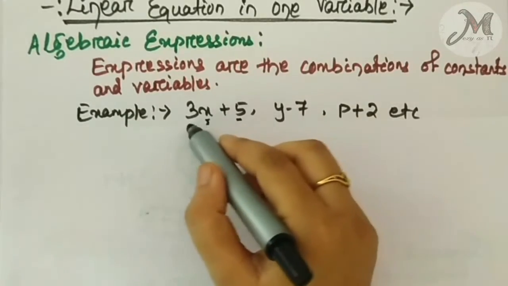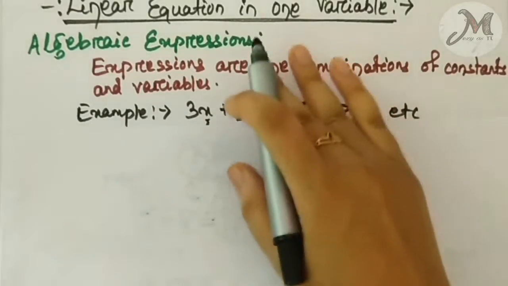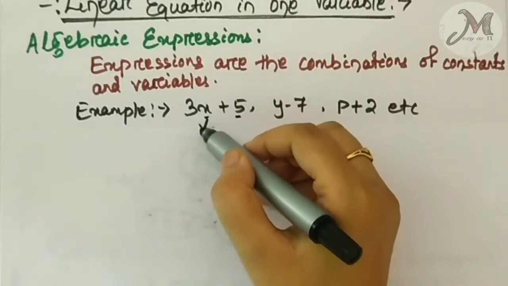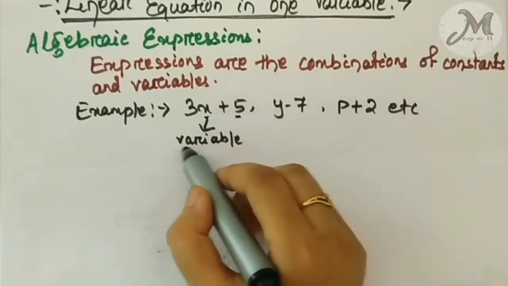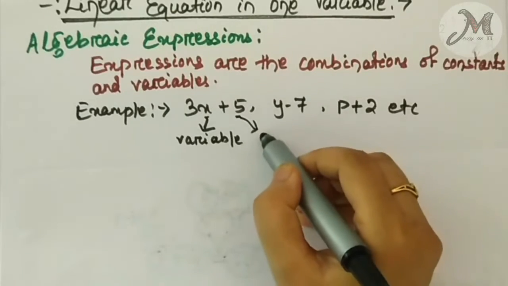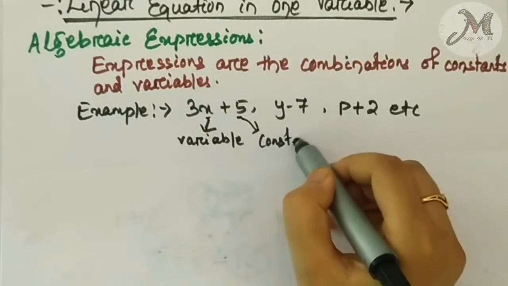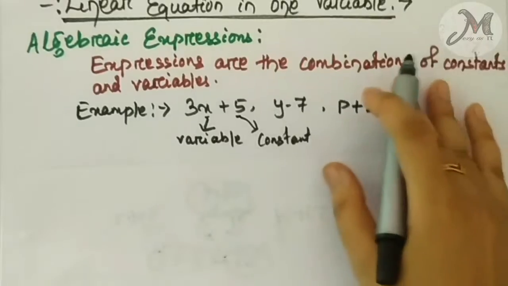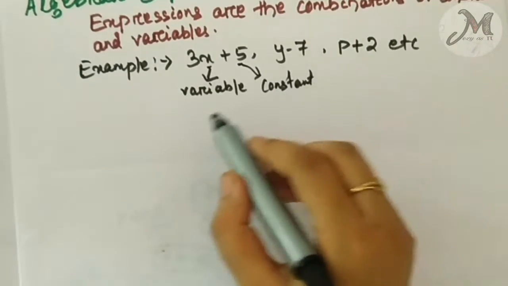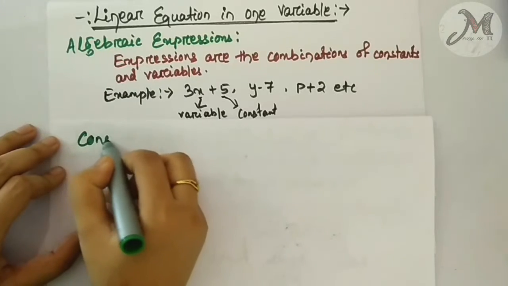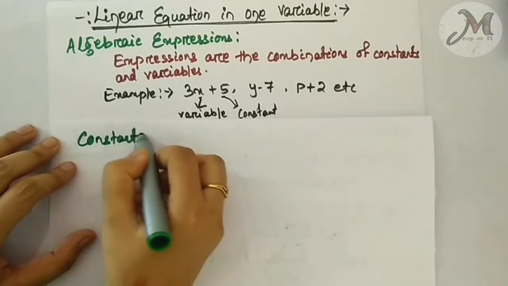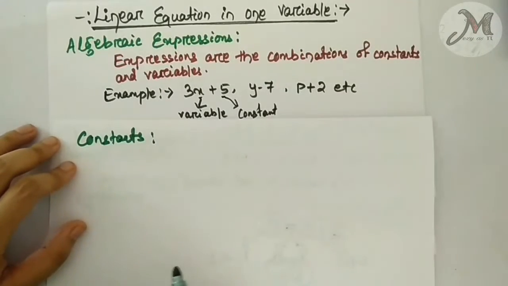For example, in the expression 3x plus 5, x is the variable and 5 is the constant. So we have to know first what is a variable and what is a constant.